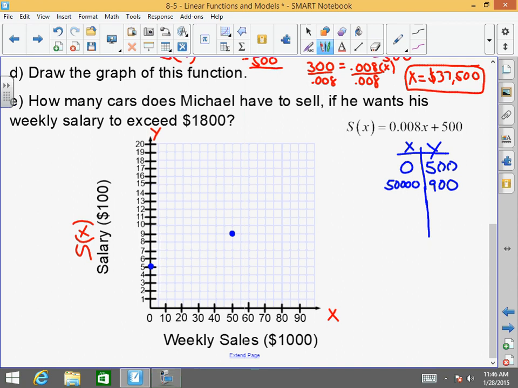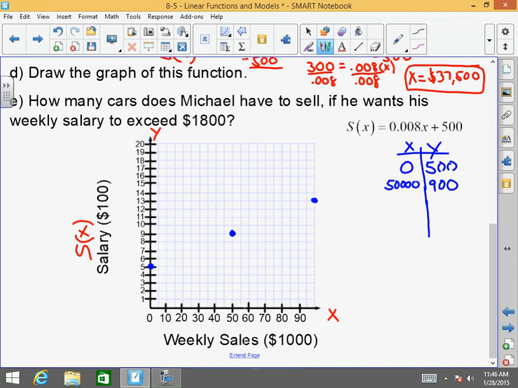I went up 1, 2, 3, 4 hundred, of course, and I went over 1, 2, 3, 4, 5, 6, 7, 8, 9, 10,000. So do that again. Go up 4 over 10.